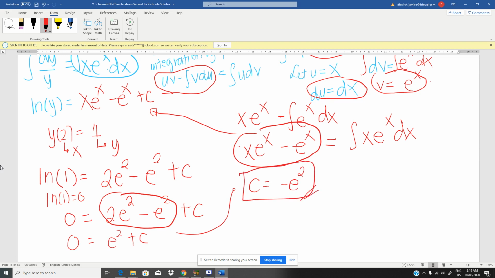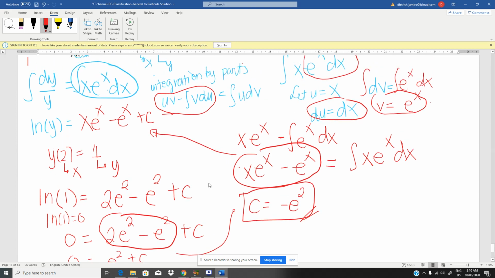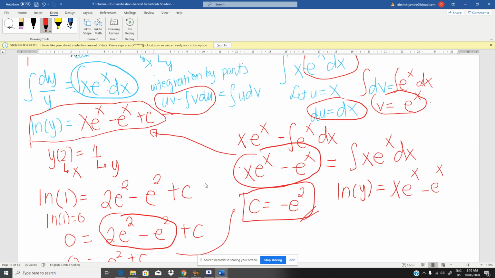Now we will substitute this into here. So by substituting, we will have ln of y is equal to x e to the x minus e to the x minus e to the second power.